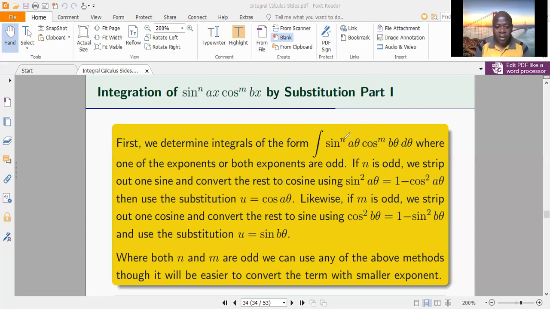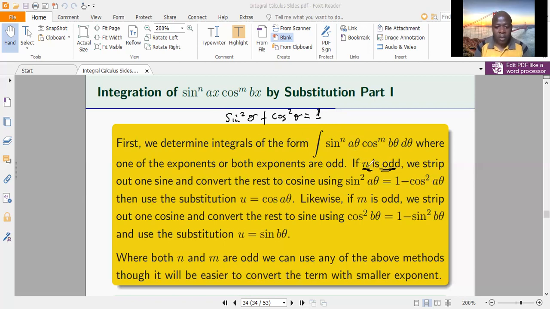If the exponent of sine is odd, we'll be stripping out one sine and converting the remaining sines to cosine using the identity sine squared theta plus cos squared theta is 1. This identity will be very useful in the entire video.